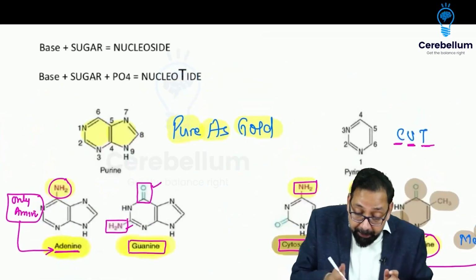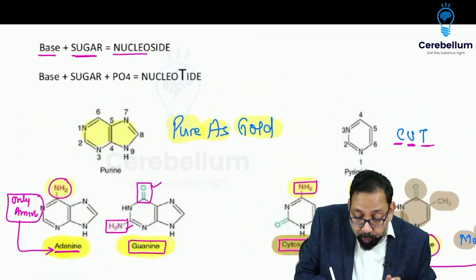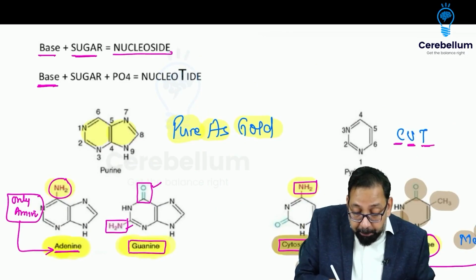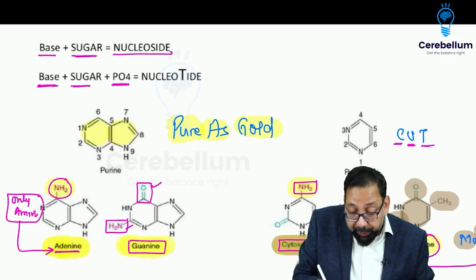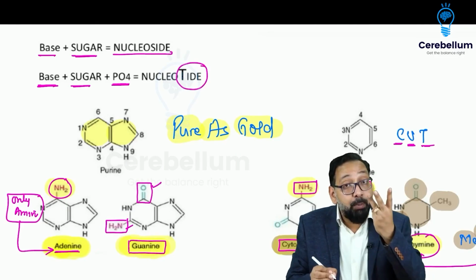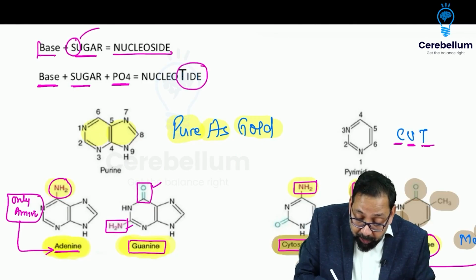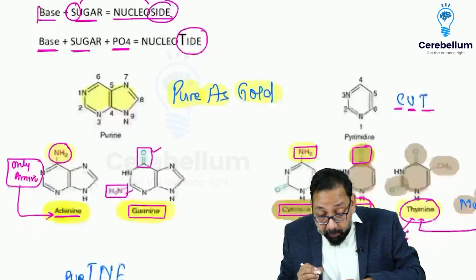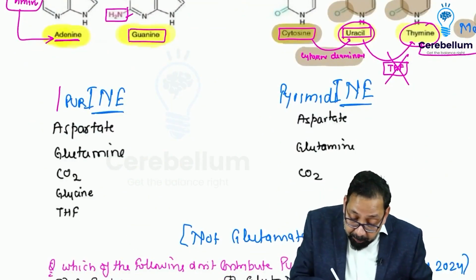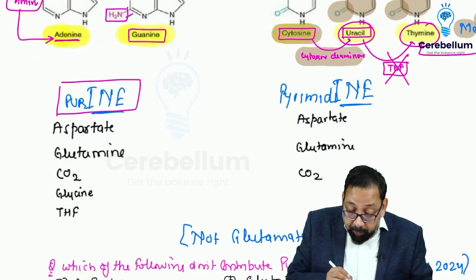We found that base plus sugar is a nucleoside, and base plus sugar plus phosphate is a nucleotide. Three components: base, sugar, phosphate, nucleotide. Two components: base and sugar, nucleoside. Synthesis of purine and pyrimidine requires certain precursors.